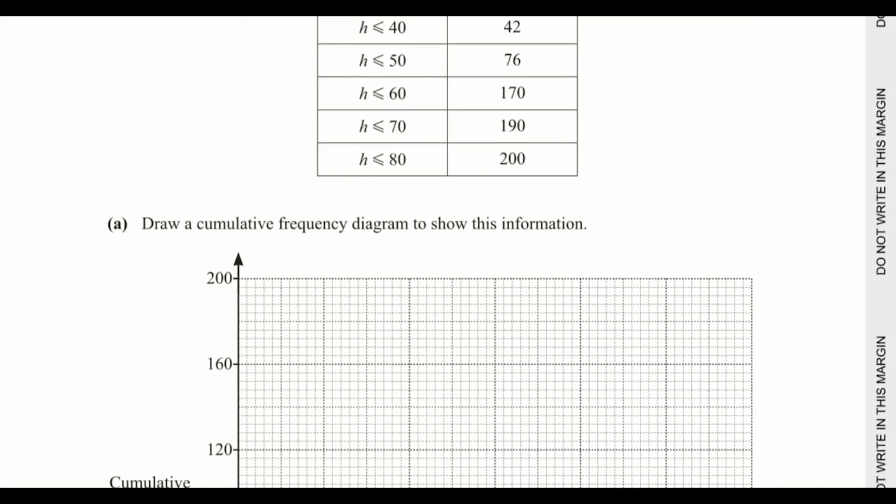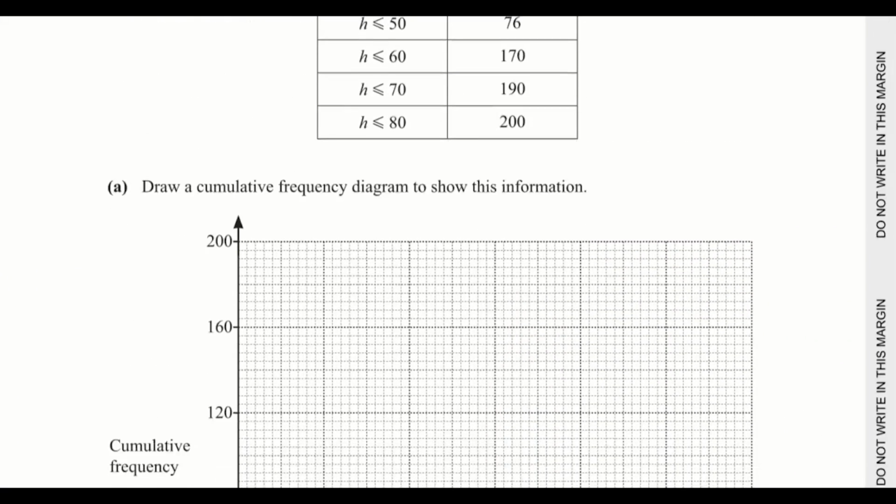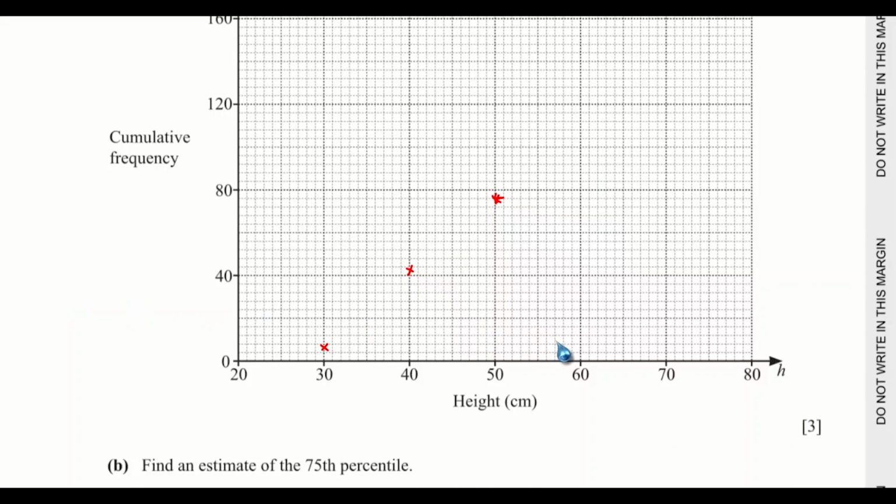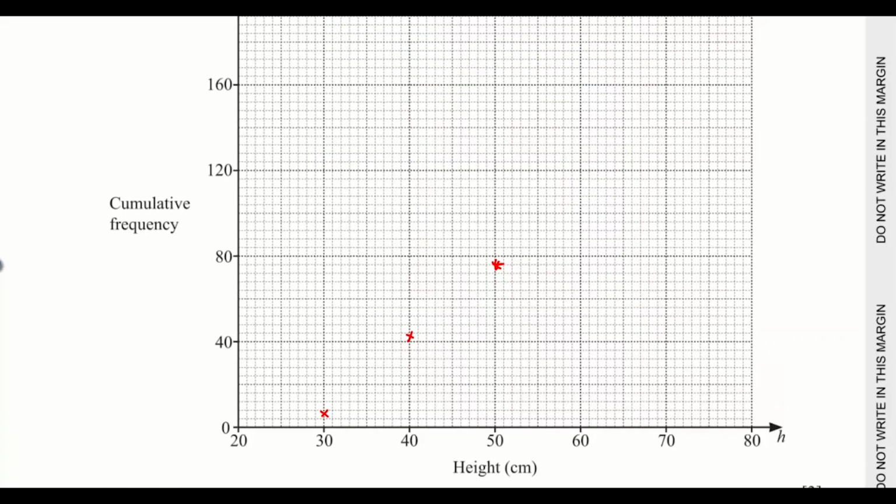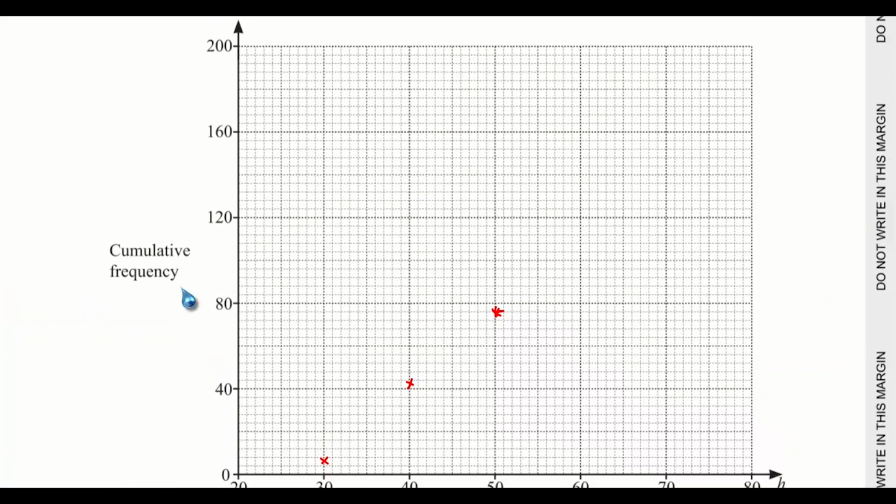Then the next one is 60 against 170. So we have to go up a little bit. This is 60 here against 170, so this is 160. Then this is 180, so we need the half of it here.